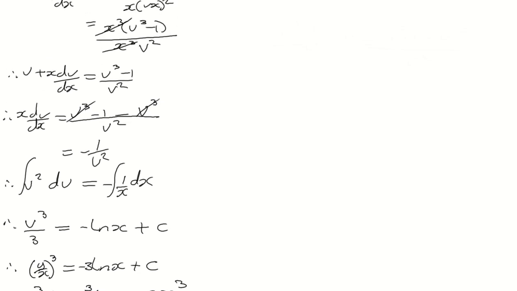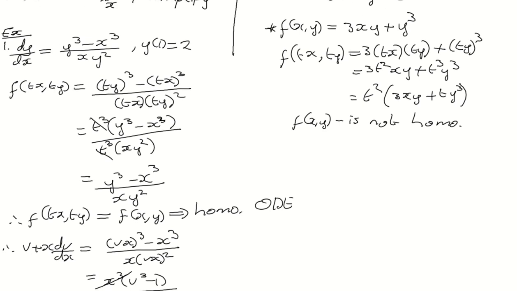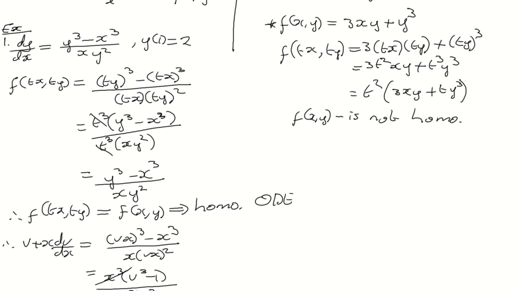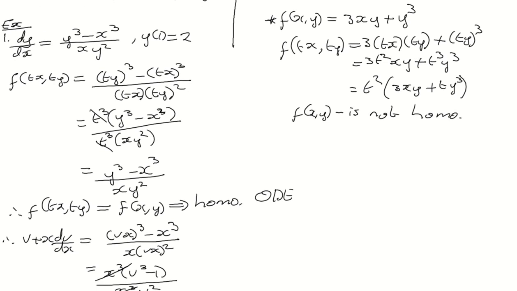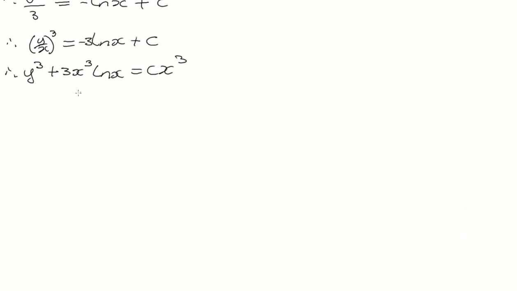In fact, I think this problem will be enough. I don't think we need 2 exercises for this. The condition that we were given was x is 1, y is 2. So we can try to get a c here. Let us use this version where c is already a standalone variable. We can just make it subject of the equation from there.